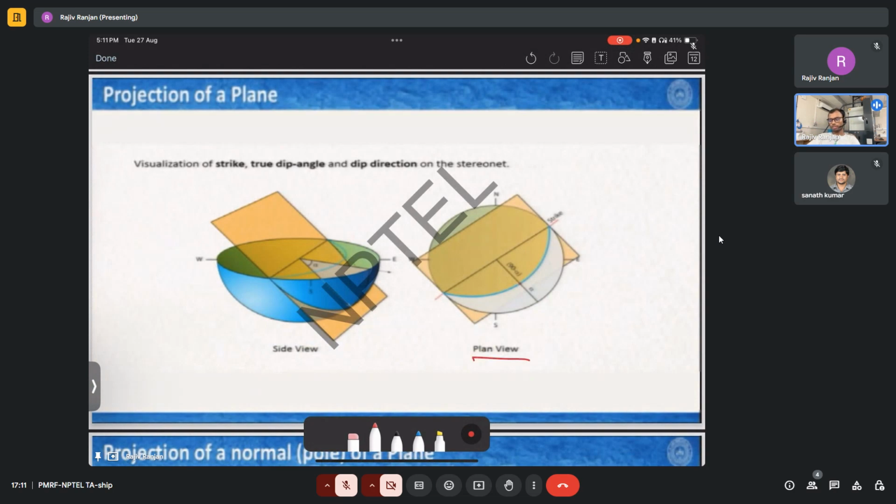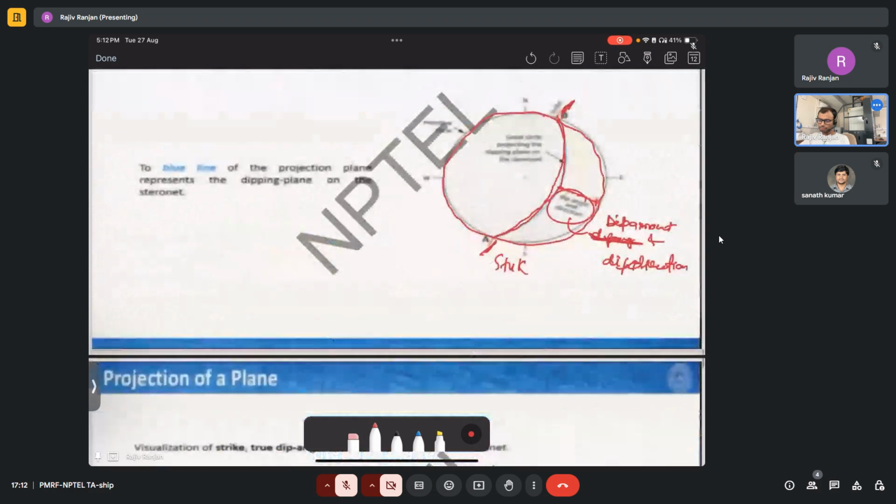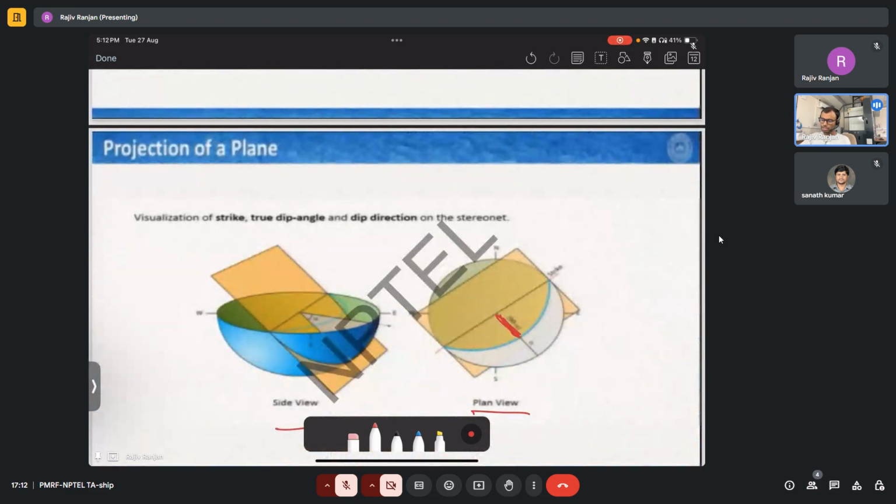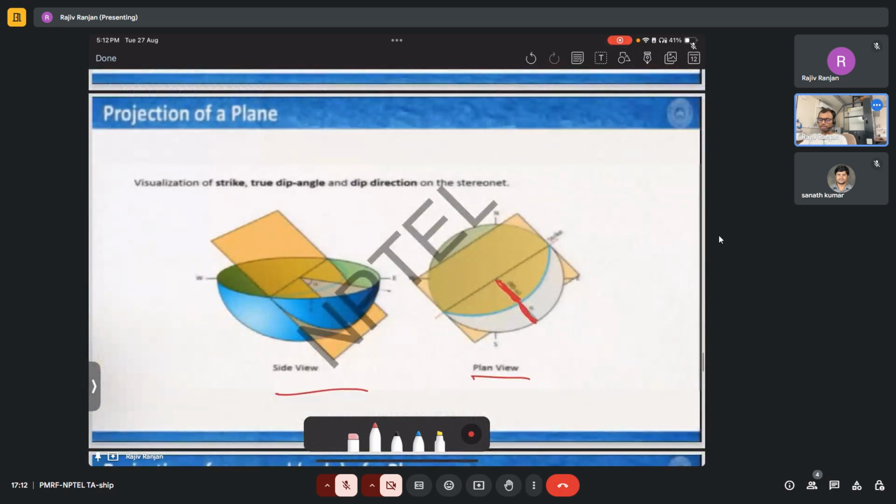This is the plan view and this is the side view. This is how it appears from the top, and this is how it appears from the side. This is the dip amount. Here you see 90 minus theta, and this is theta, mentioned here as alpha. This will be your dip amount, and this will be the direction amount.